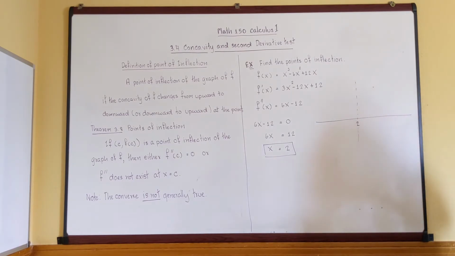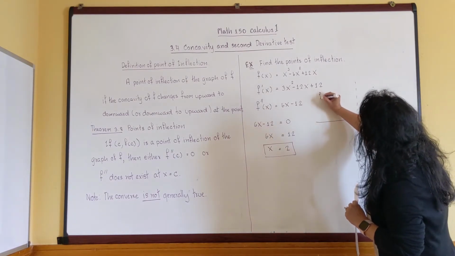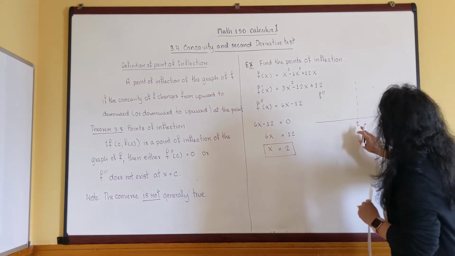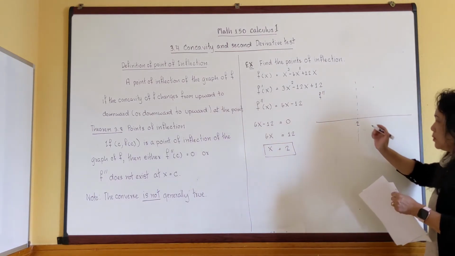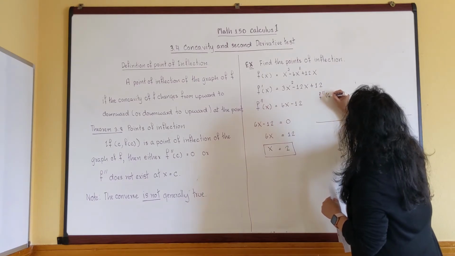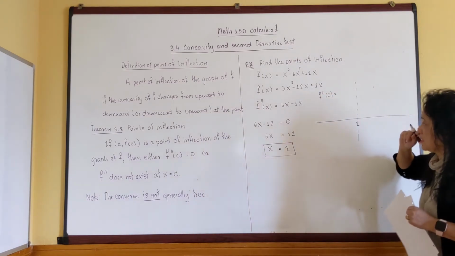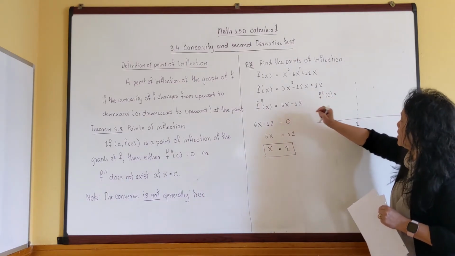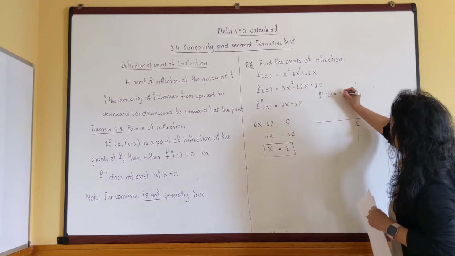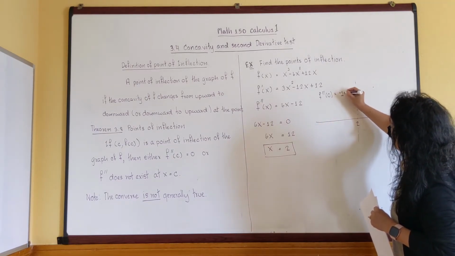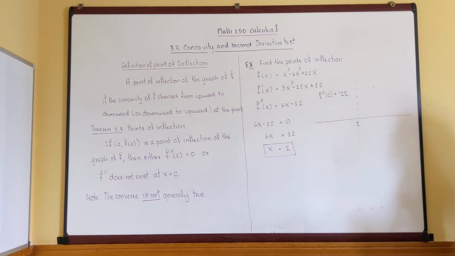So I'm going to test my second derivative on the left of 2, so I can pick 0. Yes, that will be easy for me. So 6 times 0 minus 12 is minus 12, which is negative. So it's concave downward.